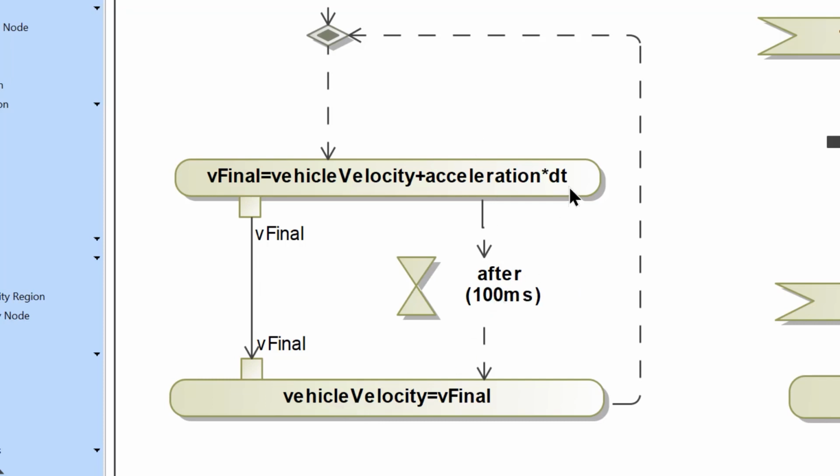So this really goes into that idea of control flows being used to inhibit an action from becoming enabled until we want it to become enabled. In this case, we want it to wait that specific amount of time, then become enabled, then do this calculation where we assign this value, the velocity final, which was this calculation, to the new updated vehicle velocity. And then that will loop around and continue to do that.